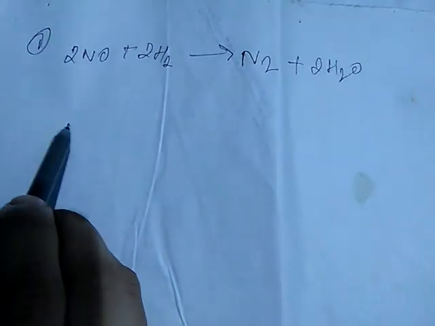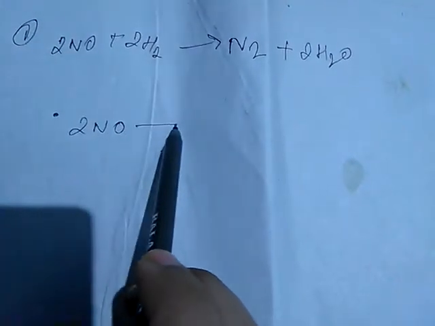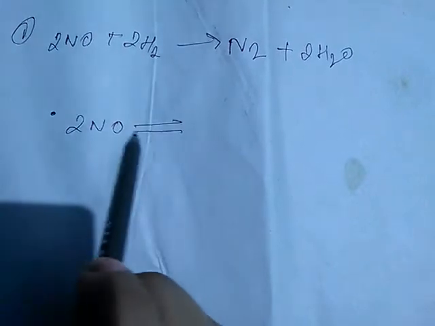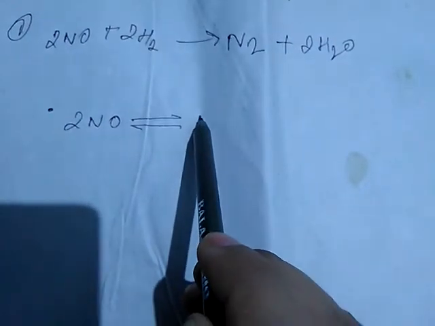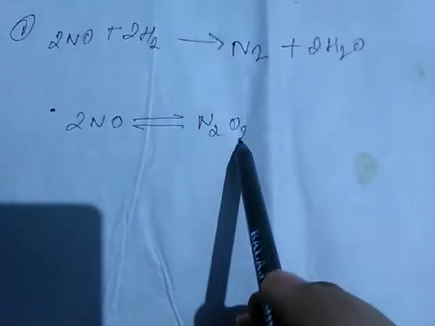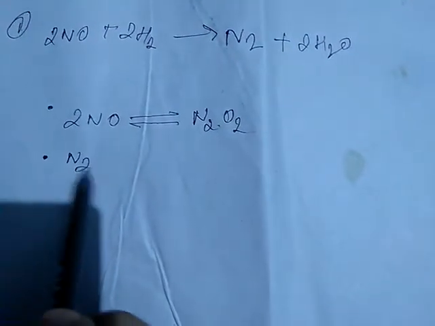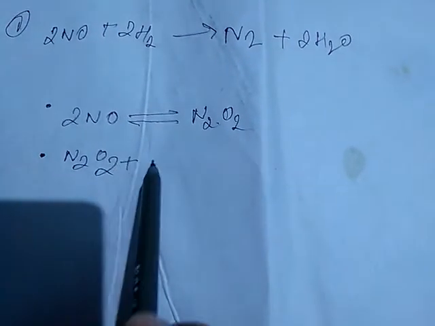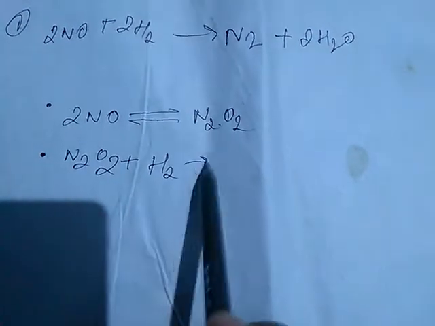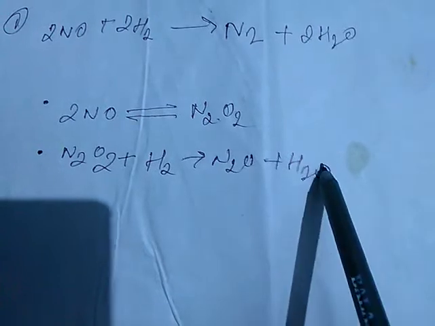again there would be a mechanism for this reaction. So what are those steps? The first step is 2NO undergoing a reversible reaction and forming the product N2O2. In the next step, this N2O2 combines with hydrogen to give N2O plus H2O.